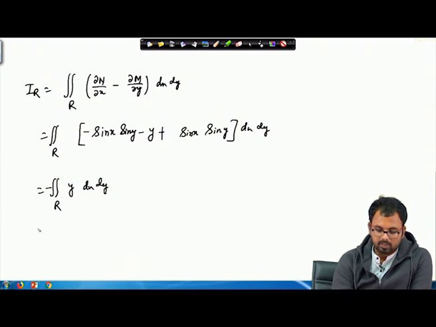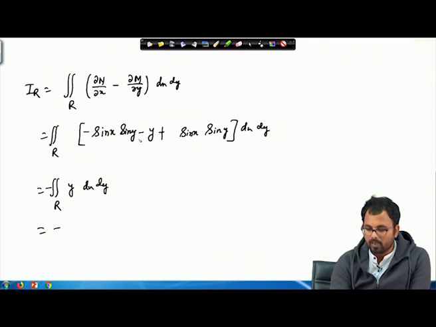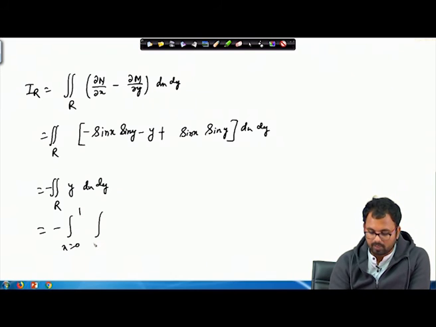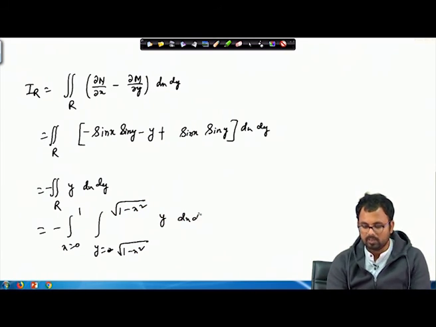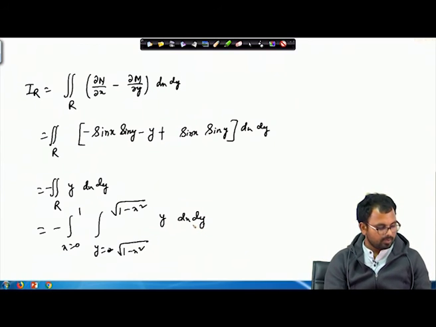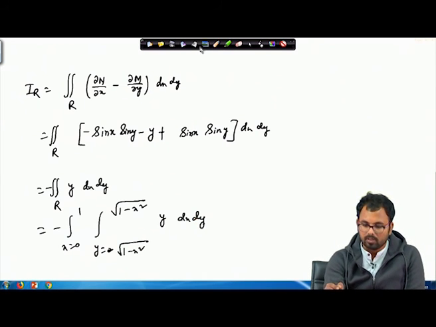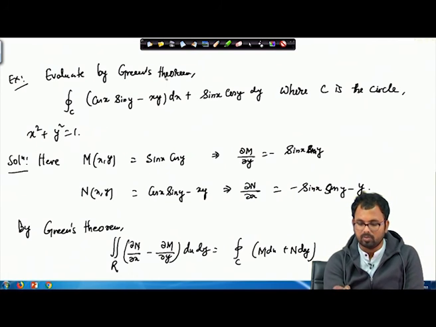Now, for this circle R, the equation of this circle is x square plus y square equals 1. So, our x will vary from 0 to 1 and y will vary from minus of square root of 1 minus x square to plus square root of 1 minus x square, y dx dy, right, because that is the range for the y, and the range for the x is 0 to 1.